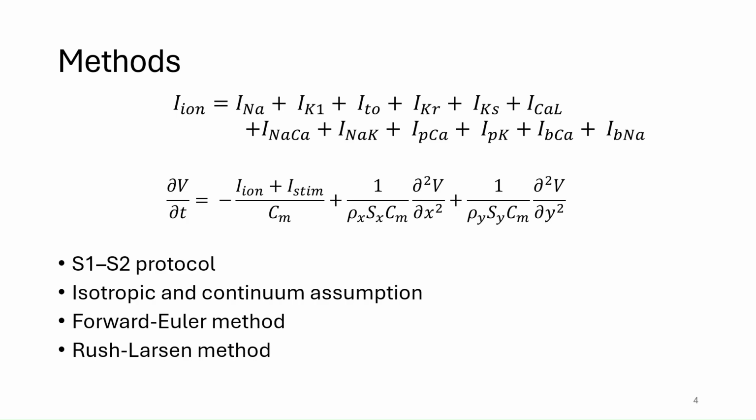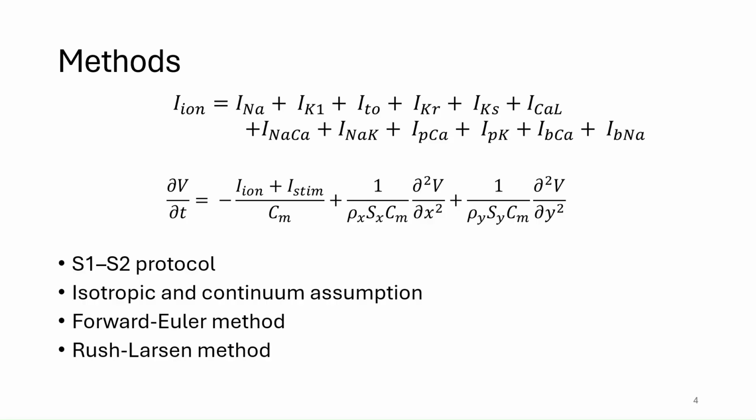From these currents, we can get the membrane potential by modeling it as a resistance-capacitance model. Here, the second equation shows the change in membrane potential as a function of the currents, the current stimulus, the capacitance of the cell membrane, and resistivities in different directions.